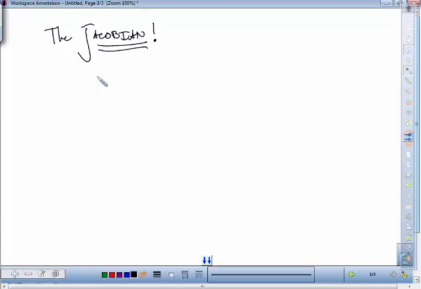And so the notation for this is a partial derivative of your real world variables divided by the partial derivative of your new world variables.